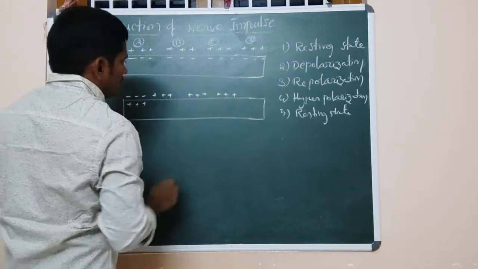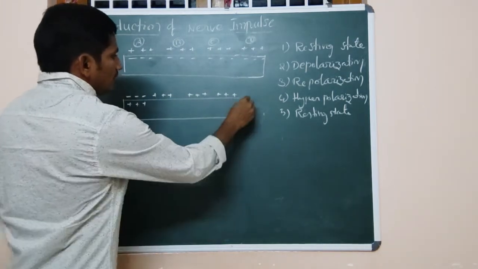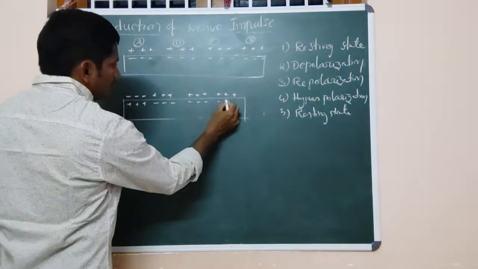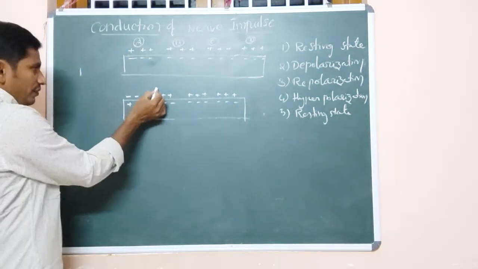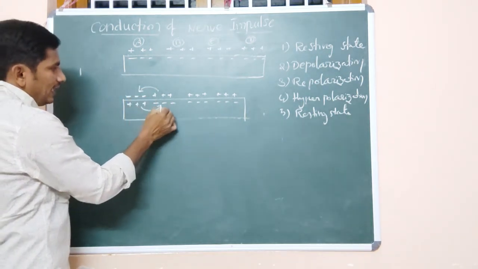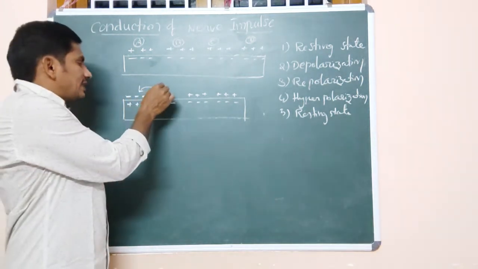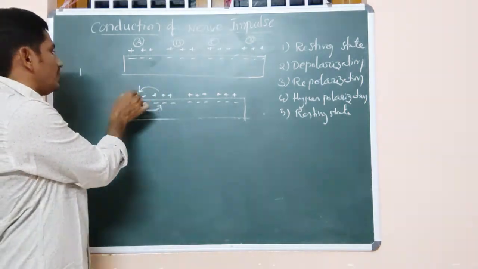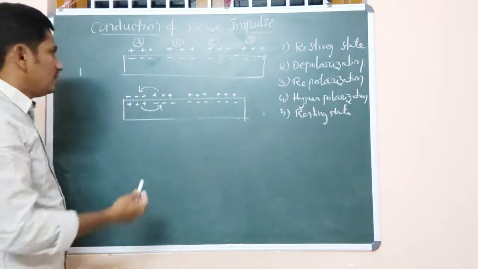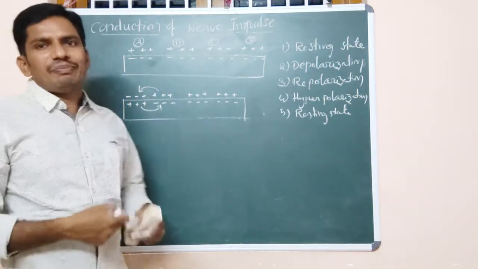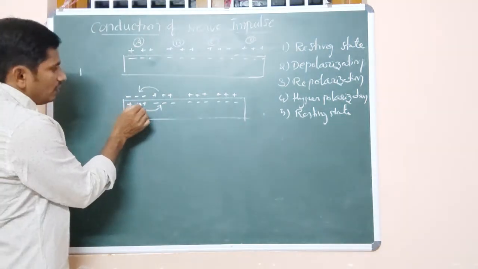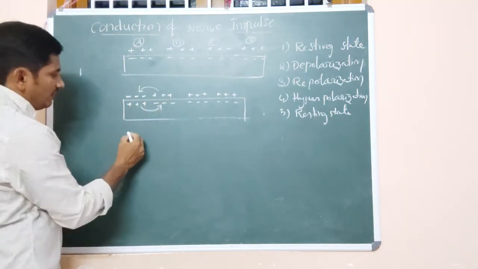Here it will be negative, here negative, from B to A point, inside and outside the extracellular fluid. From B to A, there is movement of ions due to the reversal of permeability of the axonal membrane. From A to B also, the ions will move.